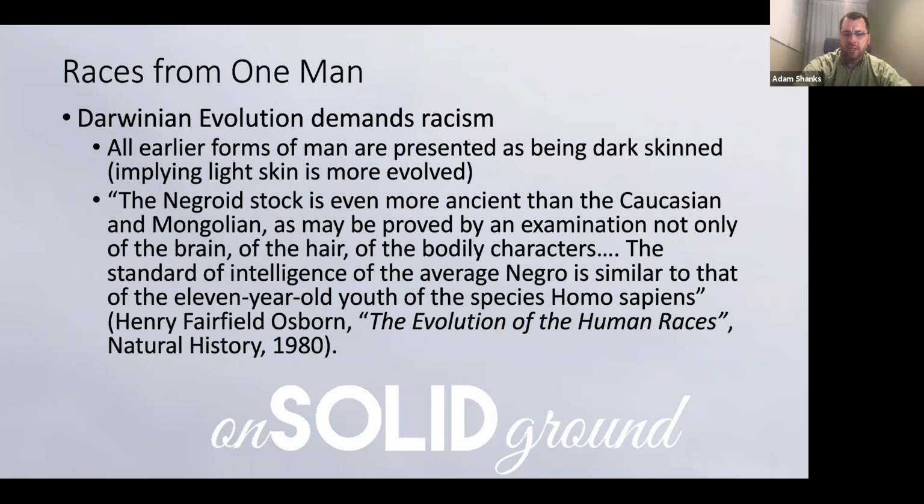And one of the reasons for that is because Darwinism assumes, even from a genetic basis, that the more evolved person is lighter skinned. And I don't know that that is in any way something we could or should stand behind.